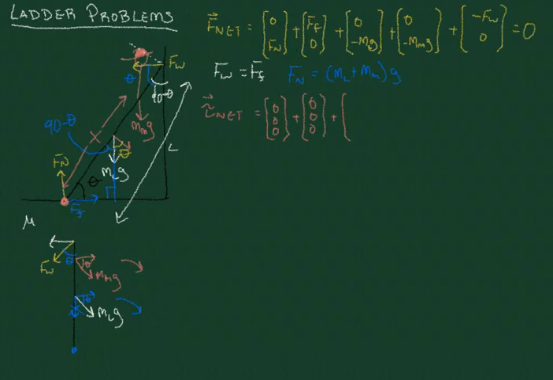So now going back to our torques, the torque due to the gravity of the ladder is going to be at a distance L over 2.